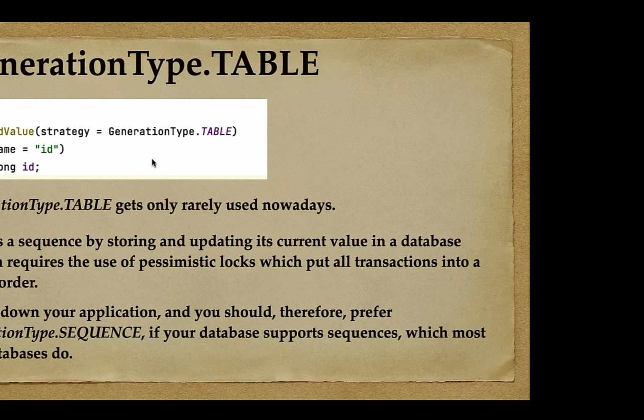Okay, and the Hibernate team basically recommends using a sequence as a primary key generation strategy.